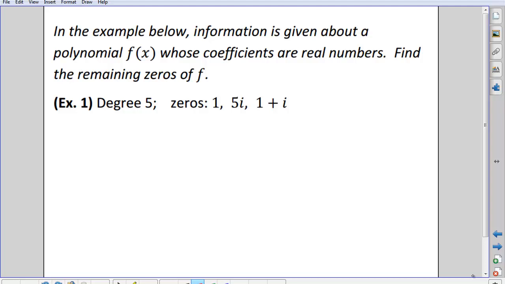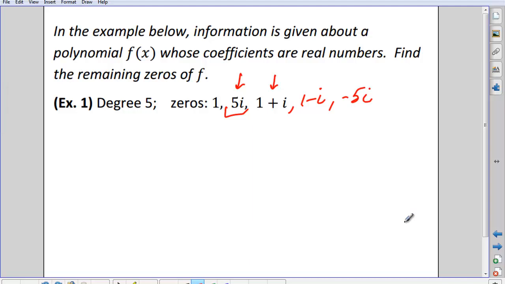Well, those are just going to be the conjugates of the complex zeros. We've got two complex zeros here. The conjugate of 1 plus i is 1 minus i. That one's pretty simple. The conjugate of 5i, now be careful, we change the sign of the imaginary part, so it becomes minus 5i. So those are the remaining zeros of f.